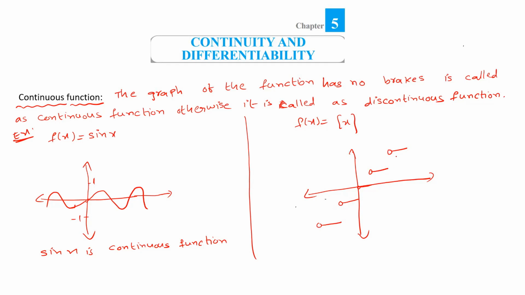There is no continuity in this one. So this is called a discontinuous function. So f of x is equal to the greatest integer function is a discontinuous function.